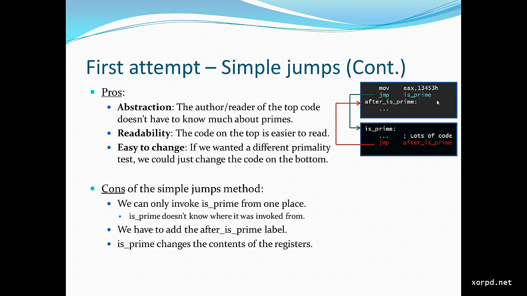In fact, it might be true that this code was written by two different people. One person wrote this function, which is called isPrime, and the other person wrote this part of the code. Maybe one of them is a mathematician, and he knows a lot about primes. So it was reasonable that he's going to write this function, isPrime.